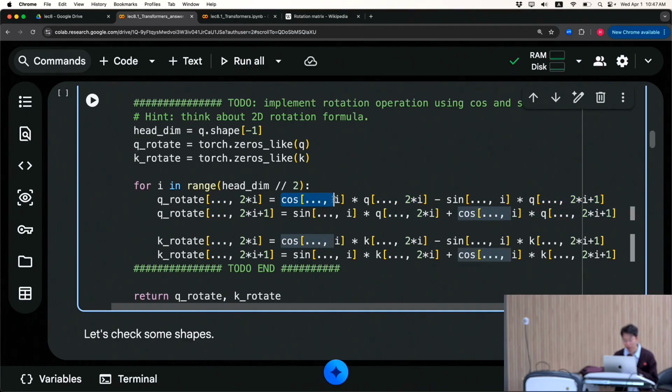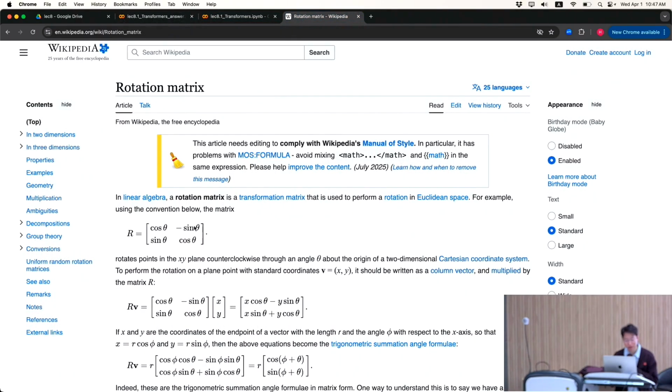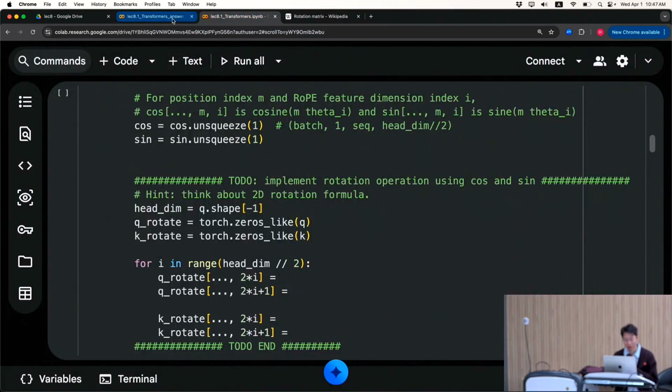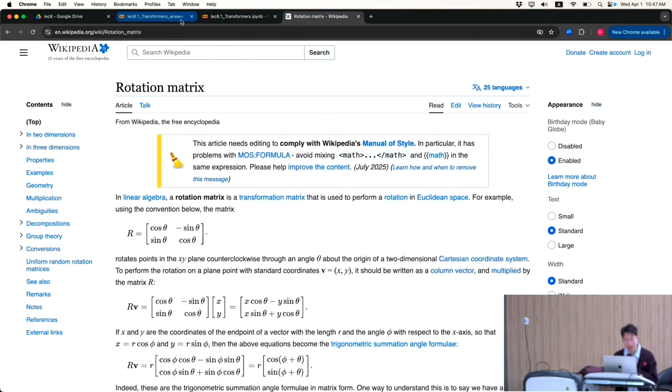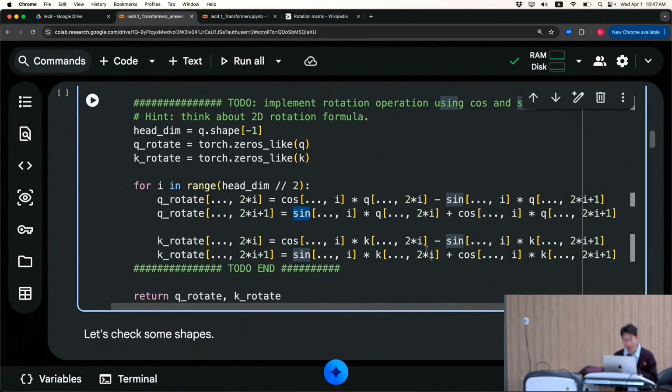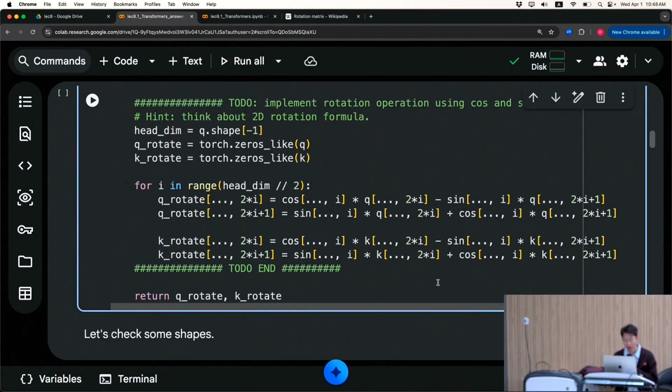You apply cosine, minus sine, right? That's the 2D matrix, cosine minus sine. Multiply inner product with the vector. Second row, sine and cosine. And same thing for the key. You apply the same rotation, but for the key pairs.